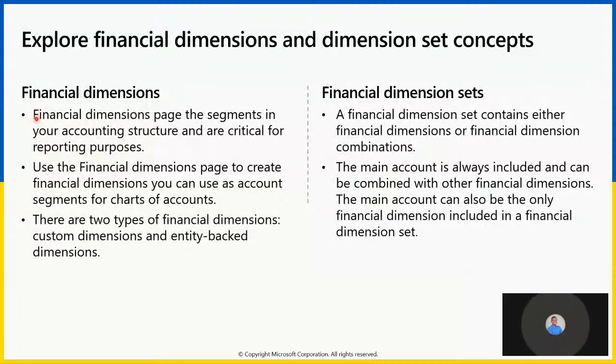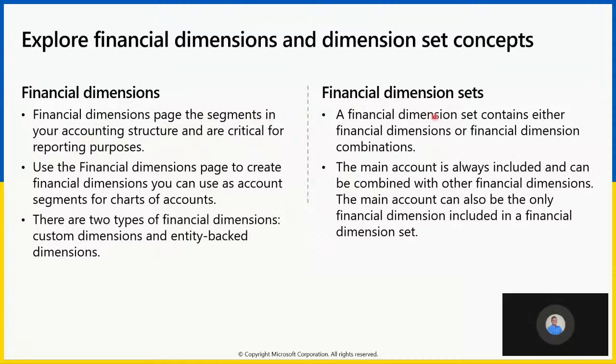So financial dimension pages have the segments in your accounting structure and are critical for reporting purposes. So like I said earlier, it's basically used for reporting. So I can see which department, which employee, or which group of items, which job types are bringing income into the organization.